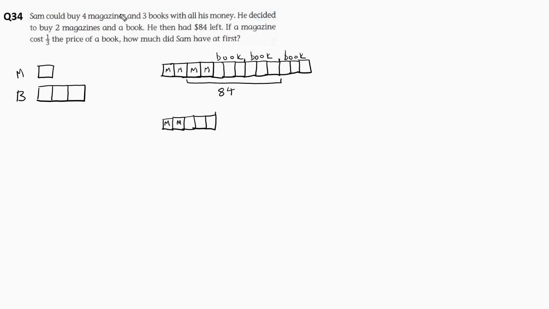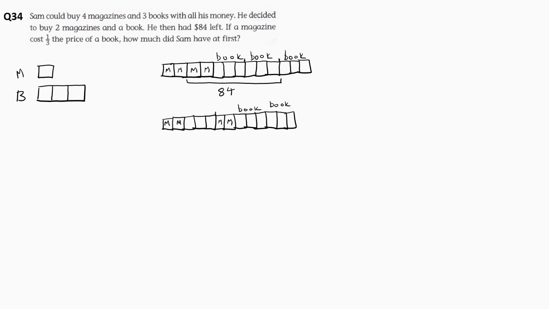And then he doesn't buy, so what's left over? 2 magazines and 2 books. So there's 2 magazines and then 2 books. So that's 1 book, and that's the second book that he doesn't buy.